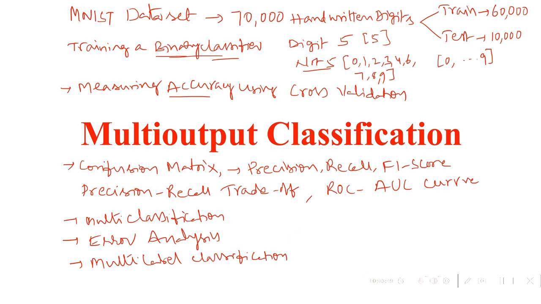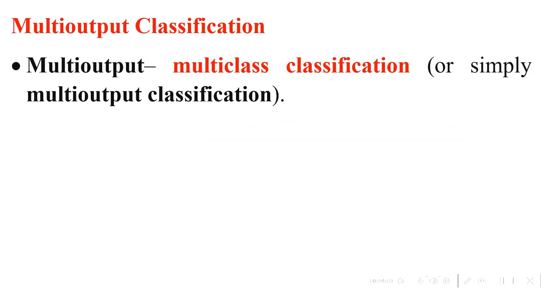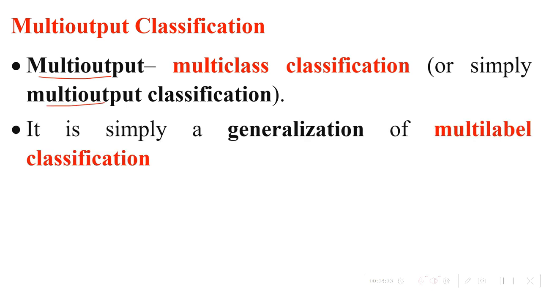In the present video, we are going to discuss multi-output classification. In the coming session, we are going to discuss the meaning of multi-output classification. Multi-output multi-class classification is simply also called multi-output classification.